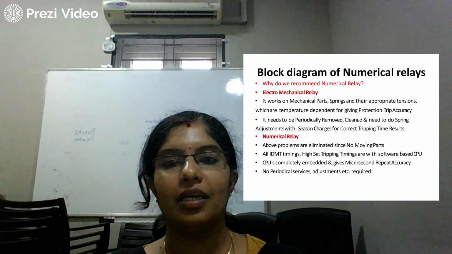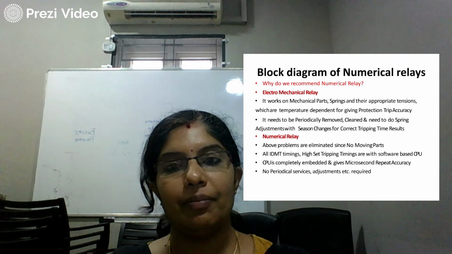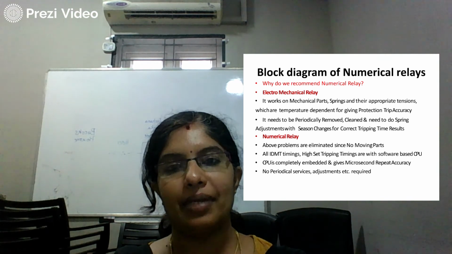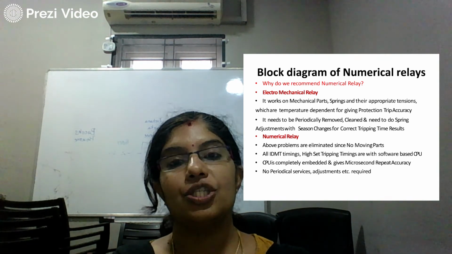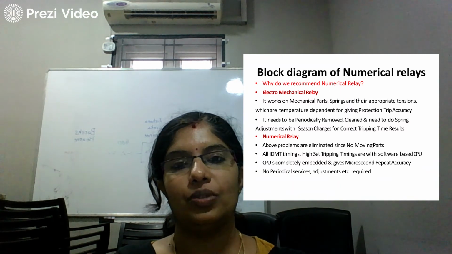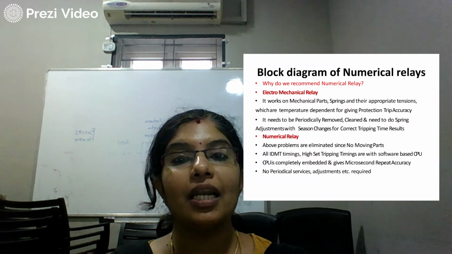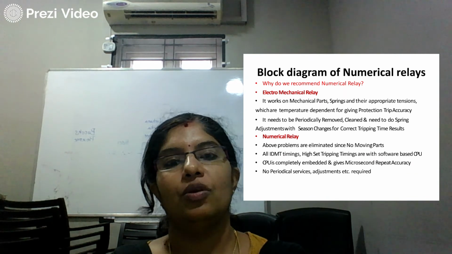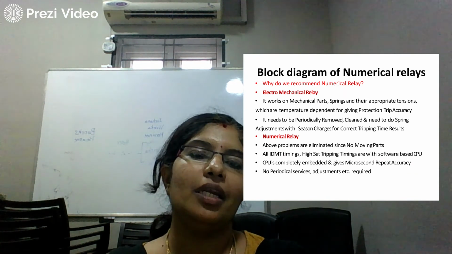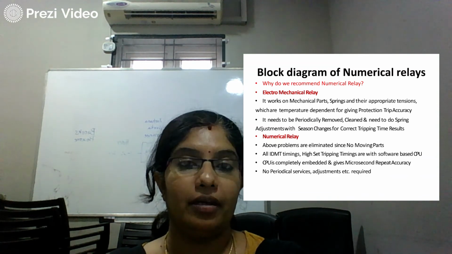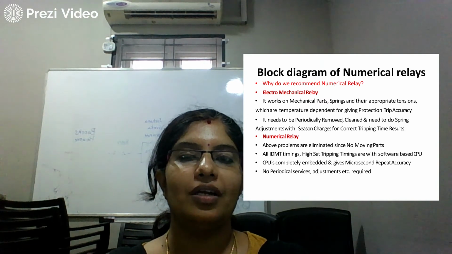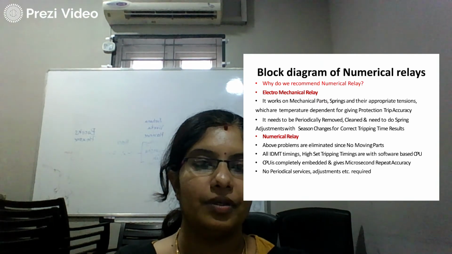You can do it once a year, or maybe once in 6 to 8 months, for servicing and adjustments. Every time the relay operates, you need not go and do adjustments to reset it. It can be done only when required. Those are the advantages your numerical relay has.